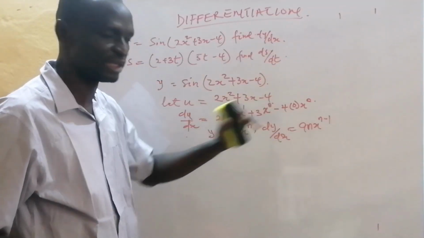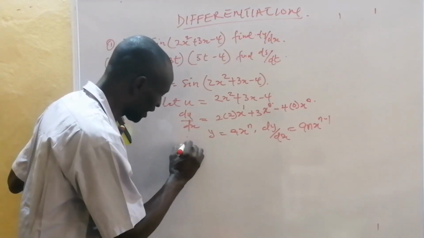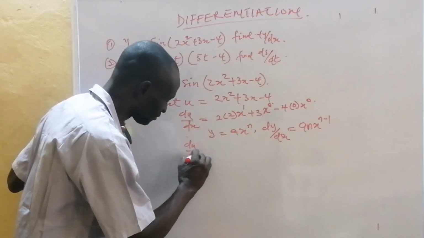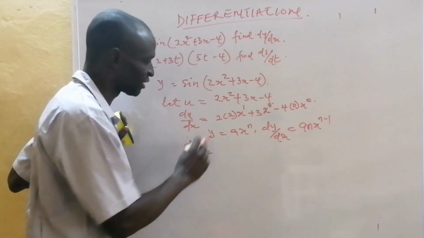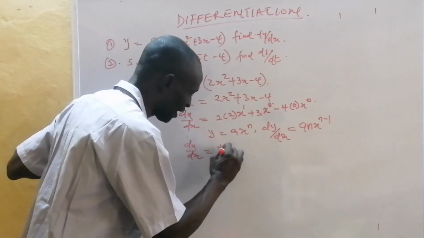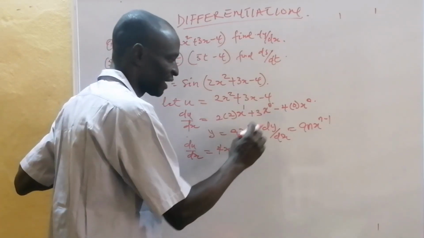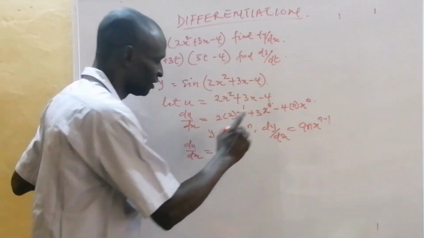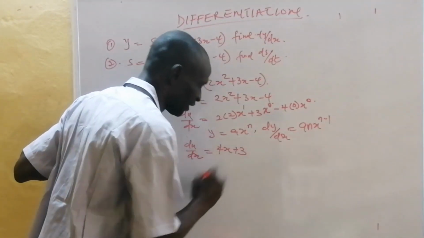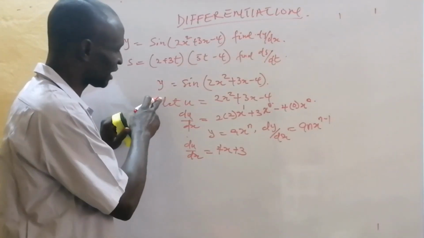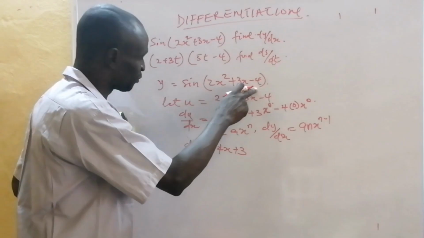The same thing happens in the other cases. So from here, our du/dx is the same thing as 2 times 2, 4x, plus 3, since x raised to power 0 is 1, 3 times 1, that's 3. Remember that we have said let u equal this expression.